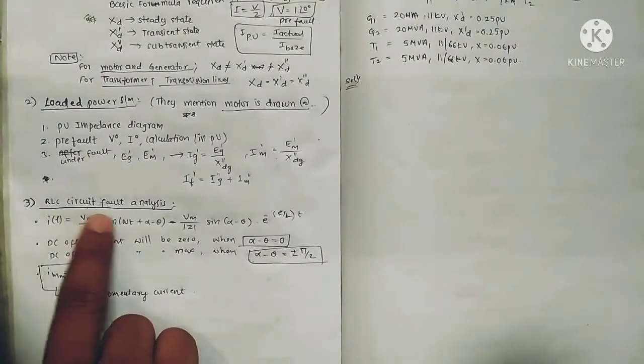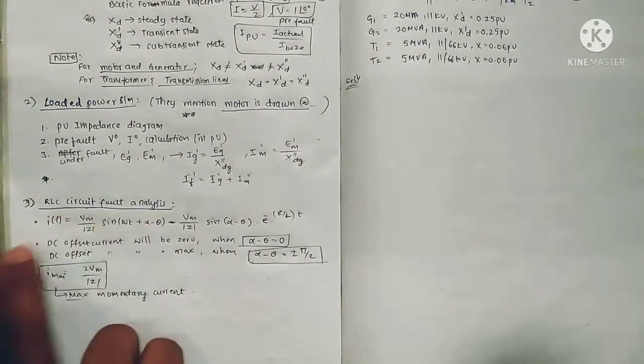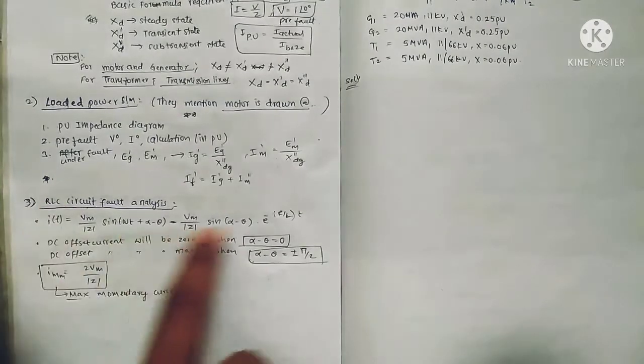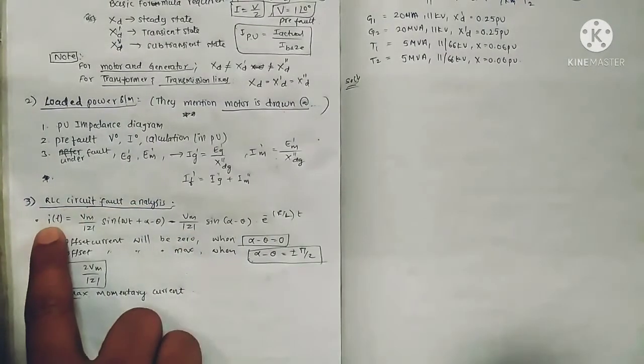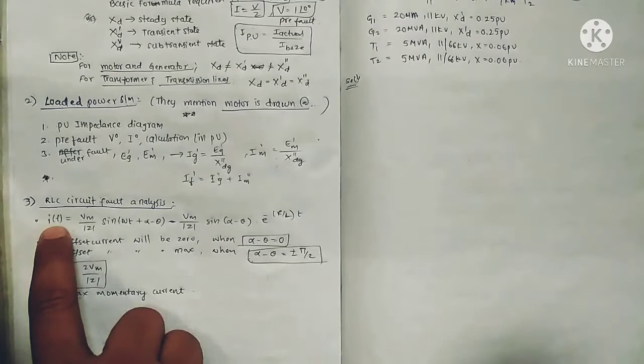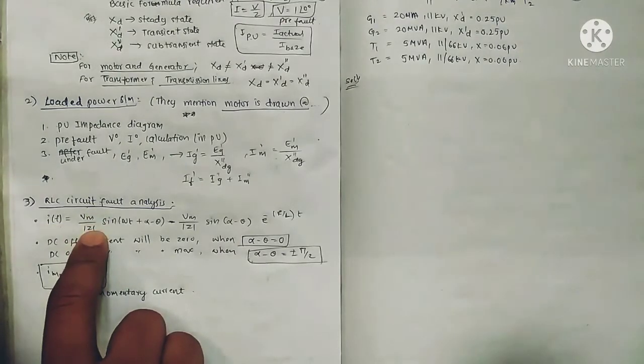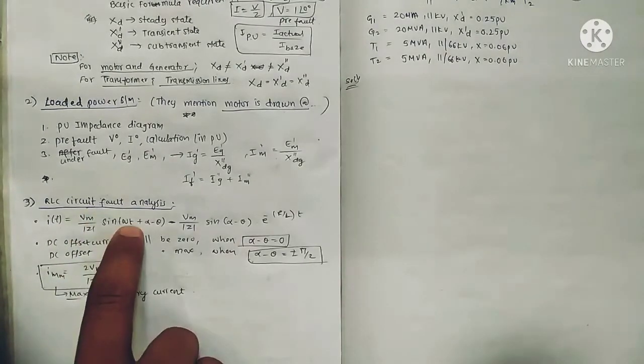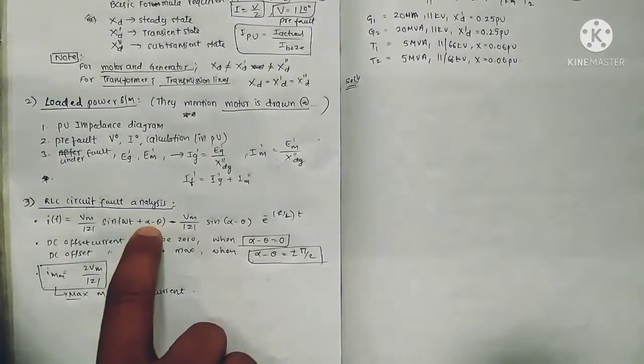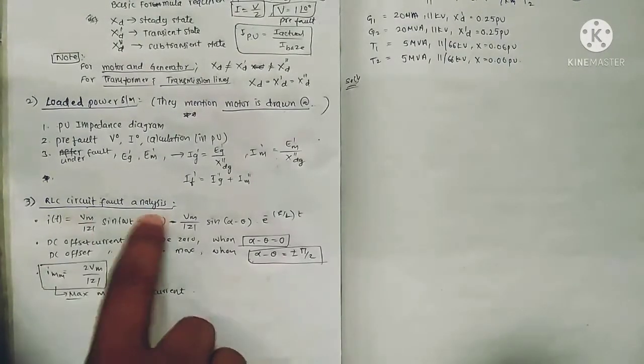The third type is RLC circuit fault analysis. In that case we need this entire formula. Just remember: i of t equals Vm divided by magnitude of Z, times sin of omega t plus alpha minus theta. This whole thing is one set.